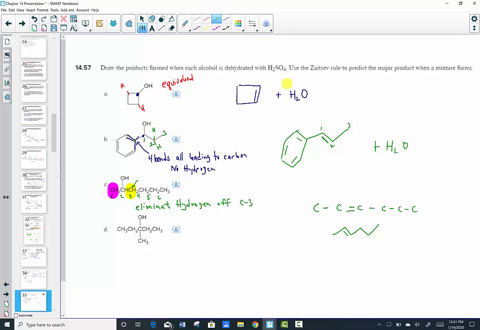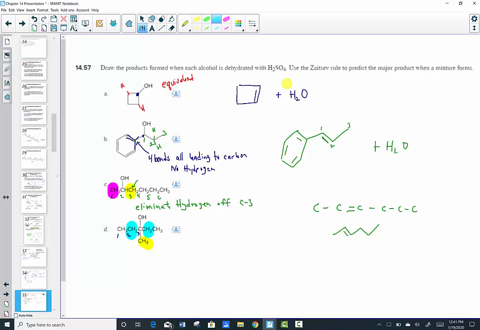And letter D. So here I have the carbon that's attached to the hydroxyl group. I'll call that position 3. It looks like I could get that there from either direction. Carbon 3, there's a hydroxyl. I have actually some interesting choices because I have an adjacent hydrogen here and adjacent hydrogen there.